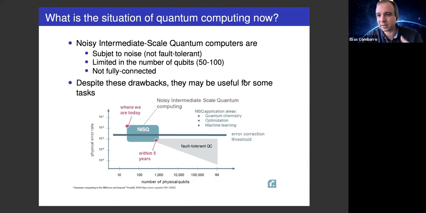have been trying, the community has been trying to apply these limited quantum computers that we have today in different areas. For instance, we can use these quantum computers in quantum chemistry or quantum physics simulations, in optimization, in machine learning.